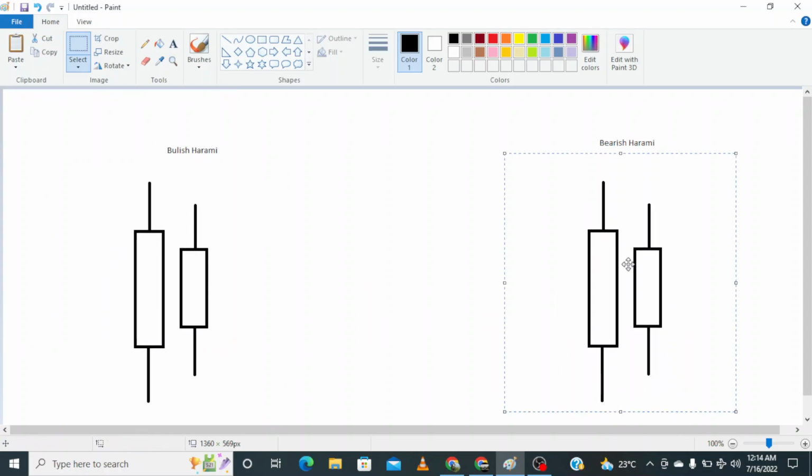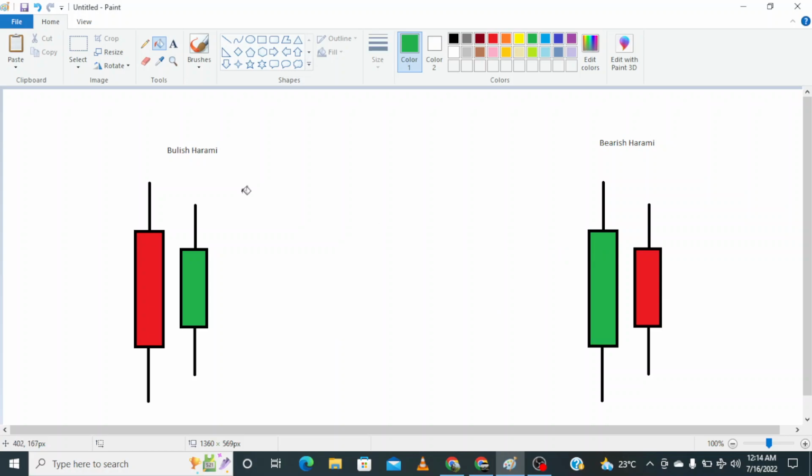Okay, so getting back to the bullish harami. Where is green? I need red. Bullish harami: red here, red here, green here, and green here. Now a bullish harami is mostly formed at a bottom after a bear trend.